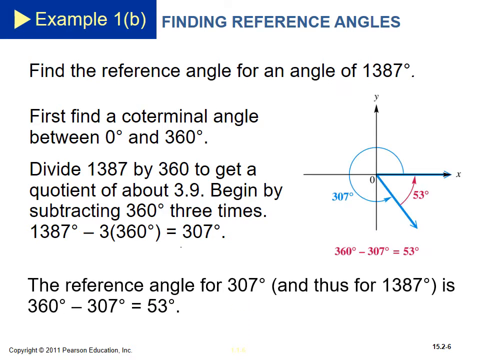So the reference angle for 307 degrees, and thus for 1387 degrees, is 360 minus 307, or 53 degrees. So that angle would be basically spinning around that axis. This type of mathematics becomes very important in physics. You're going to see some of this next year in physics, so keep in mind this thought process when you see it again.